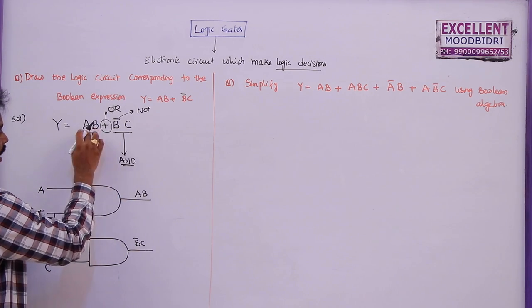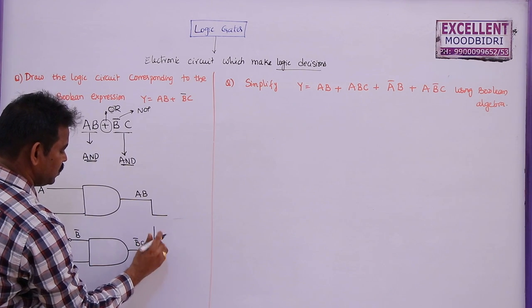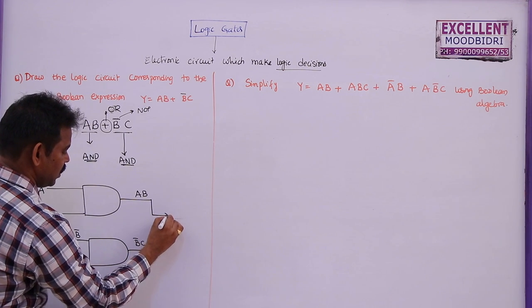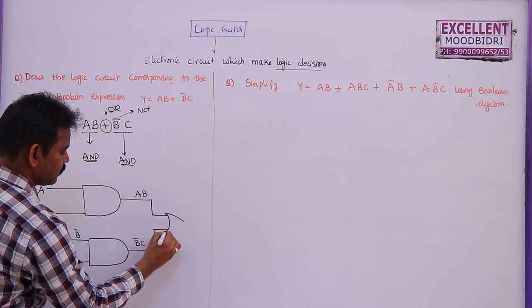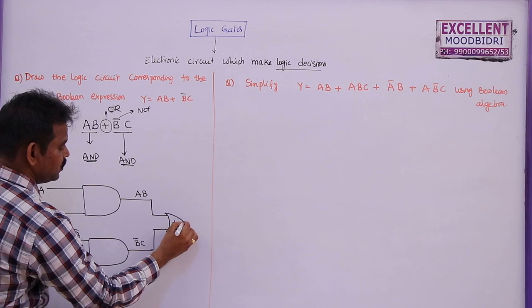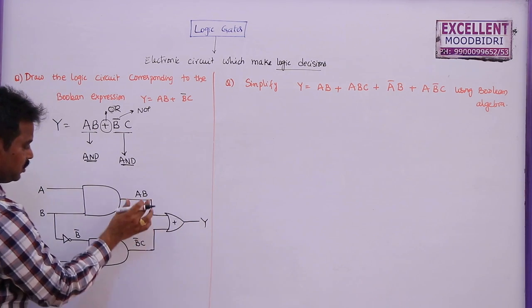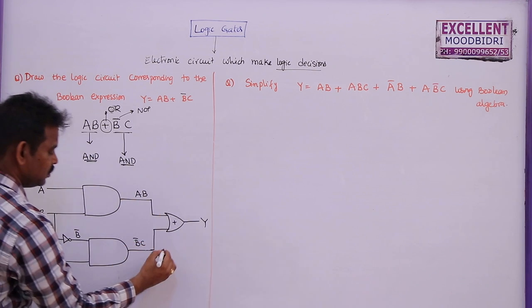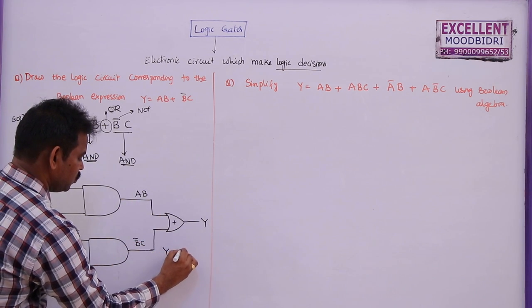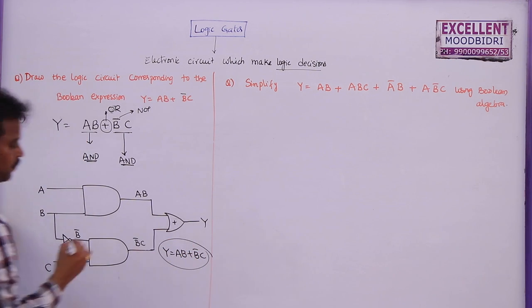Now I am going to add these two products. So this will be the first product, this will be the second one. Now we need one OR gate, and this is the output y. So here y is nothing but this plus this. So y is equal to ab plus b bar c.